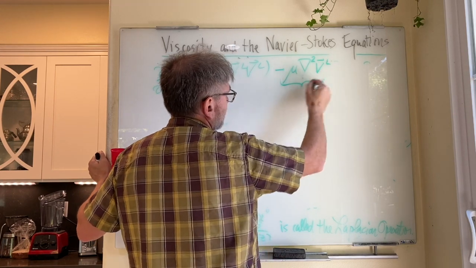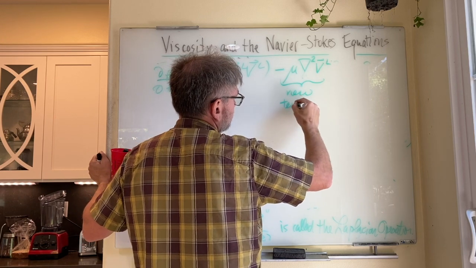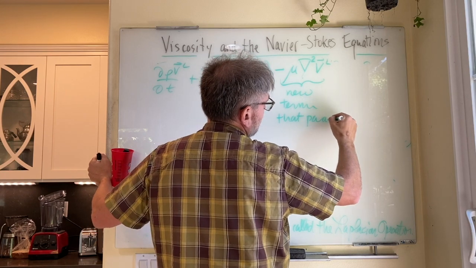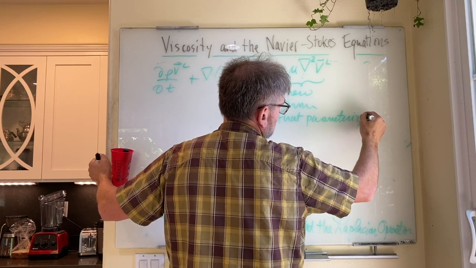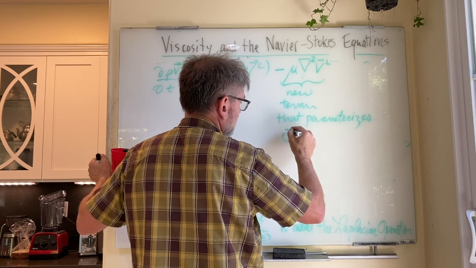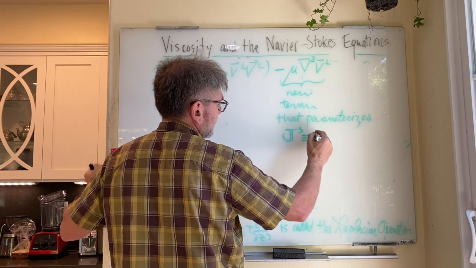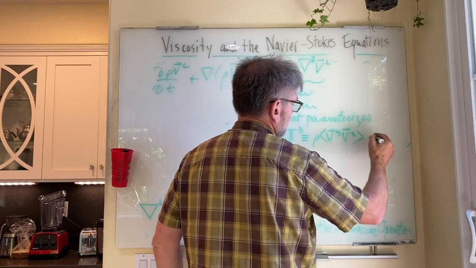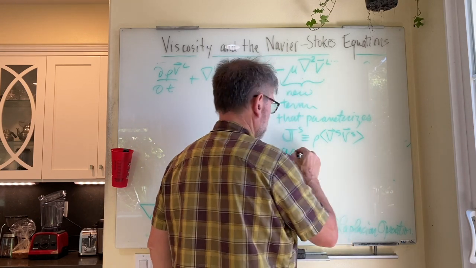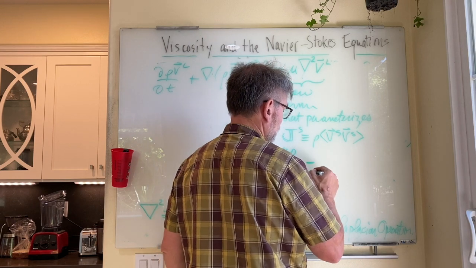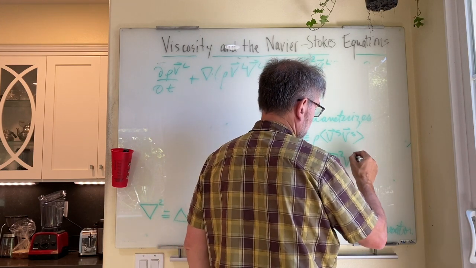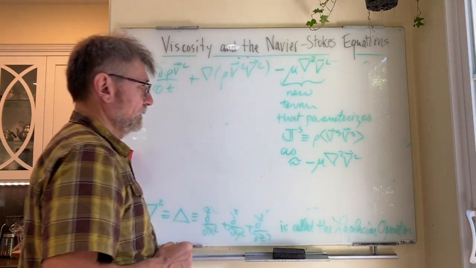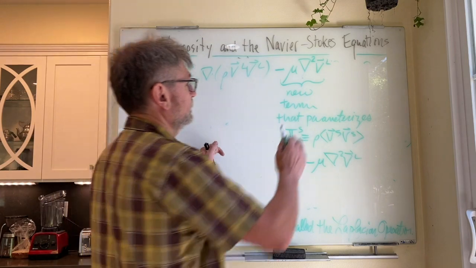This is the new term that parameterizes j small scale, defined as rho vs vs, as minus mu del squared v large scales. And then on the right hand side we have the forces.